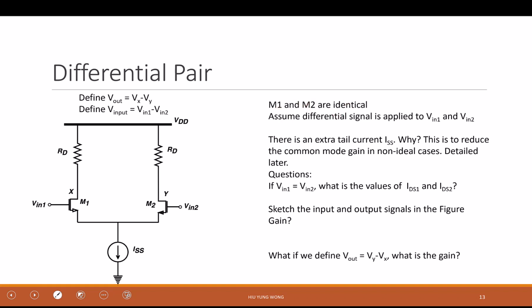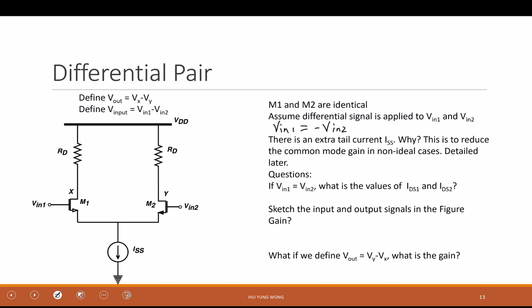They're identical, and we assume the differential signal is applied to V in 1 and V in 2, which means what? V in 1 equals to, when they're differential, how would you write it? Should I write V in 1 equal to V in 2? Minus, very good. V in 1 equals to minus V in 2. Okay?